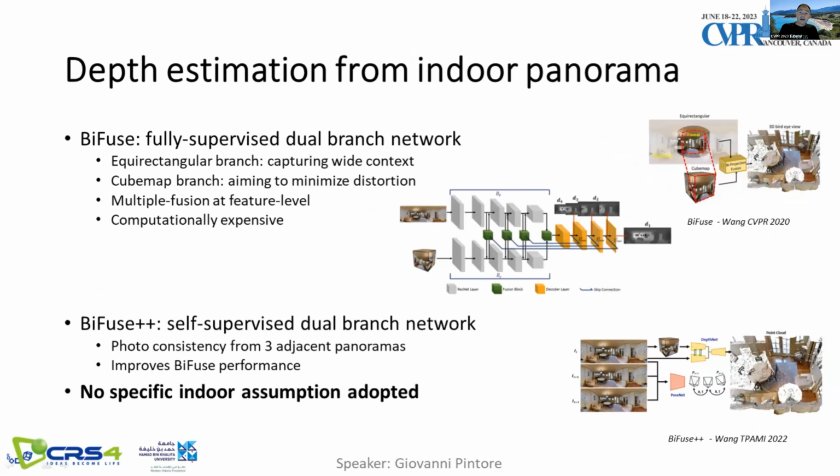Then later, several approaches arrived and adopted a dual branch architecture with the goal of exploiting the spherical wide context, in order to undistort the images. And here in the example, both branches adopt a conventional encoder-decoder scheme, one for the original equirectangular image and one for its cube map projection. The information exchange between the branches is done at feature level.